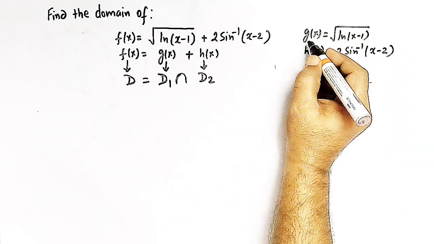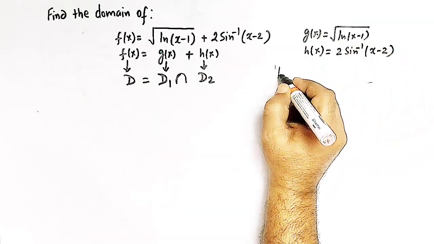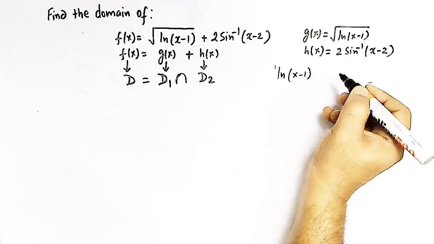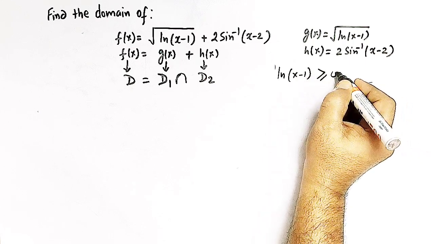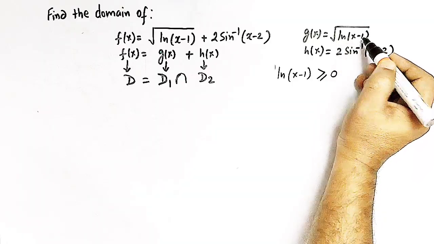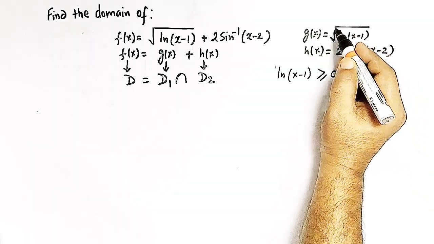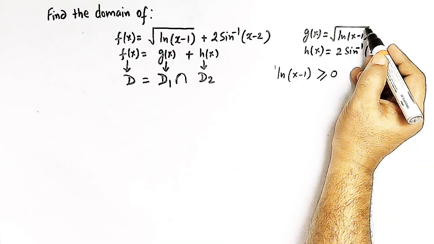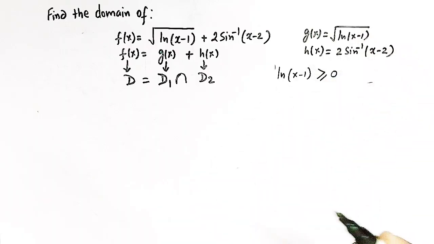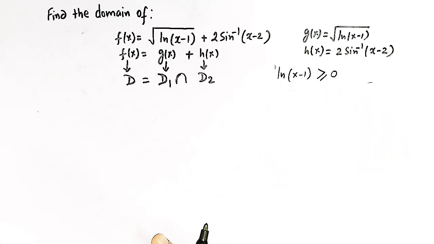So g of x is defined for all values of x for which natural log of x minus 1 is greater than or equal to 0, because anything which is negative inside the square root sign is not defined in the set of real numbers. So natural log of x minus 1 should be greater than or equal to 0.